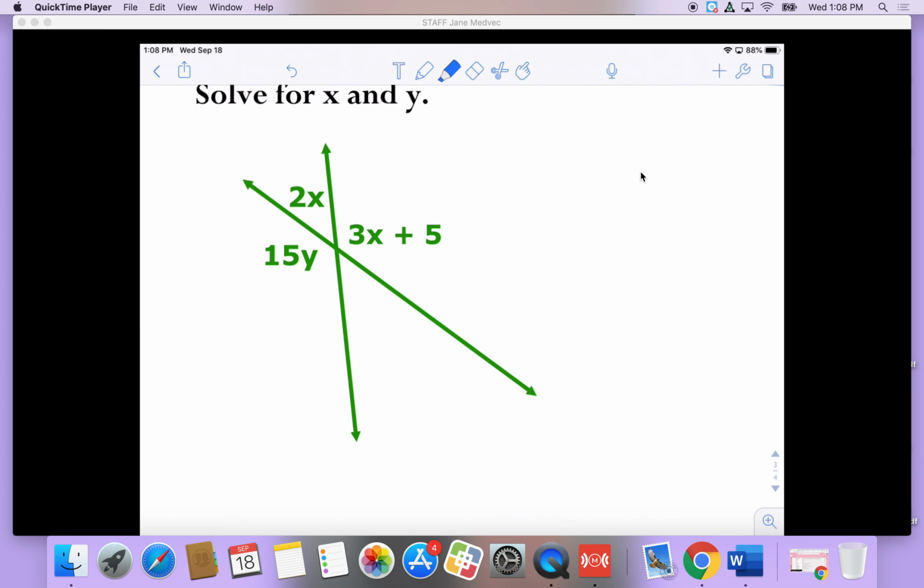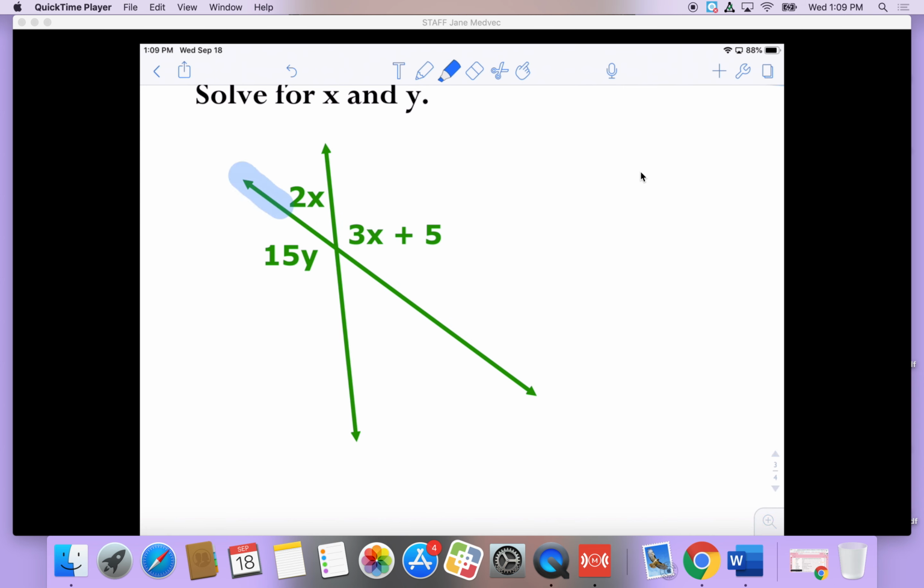Use some things that we just learned. Yeah. 2x plus 3x plus 5 equals 180. Absolutely, yes. She said that I take this angle right here, and I take this angle right here, and they equal 180 degrees. And that is right.